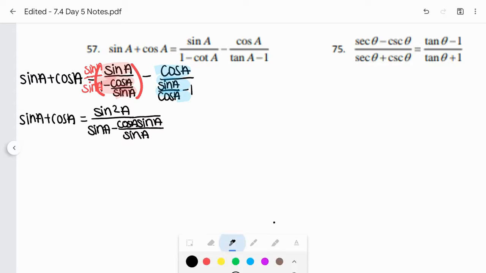Now that one I'm going to want to multiply the top and the bottom by cosine A.